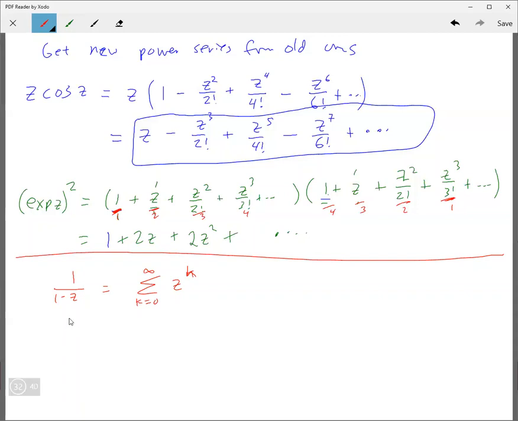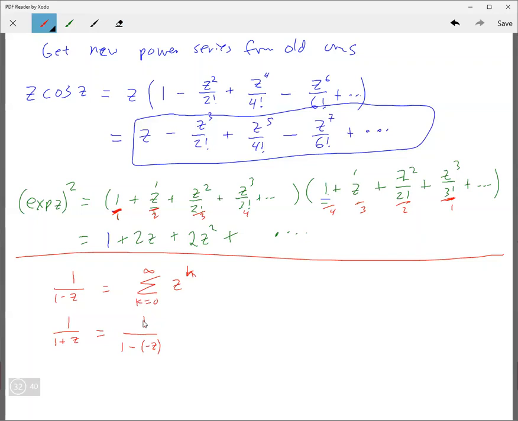Well, let me do a couple of things. Is that's the same as 1 minus a negative z, right?